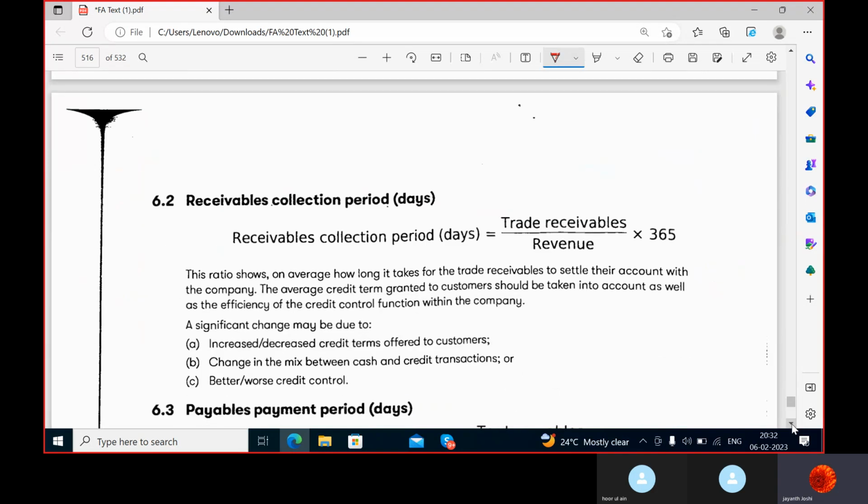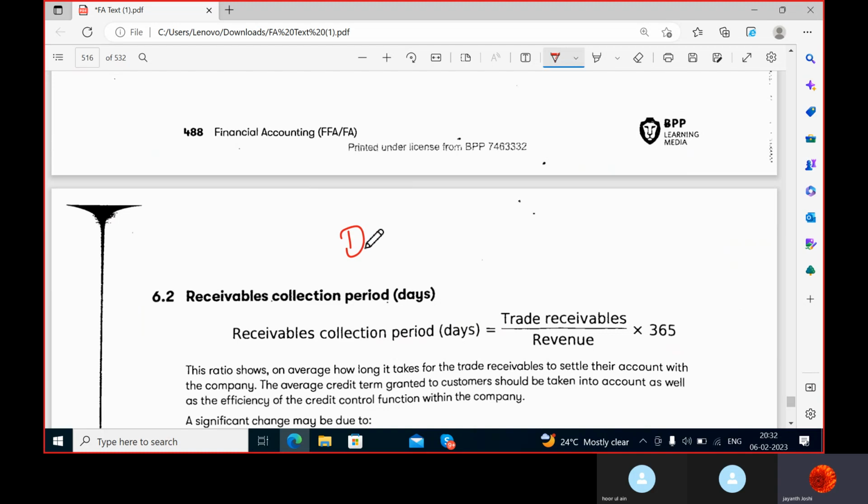In the same way, the next one. If it is receivables collection period, what formula did I give you regarding this debt collection period? The formula for debt collection period is 365 days in a year divided by debtors or receivables turnover ratio.